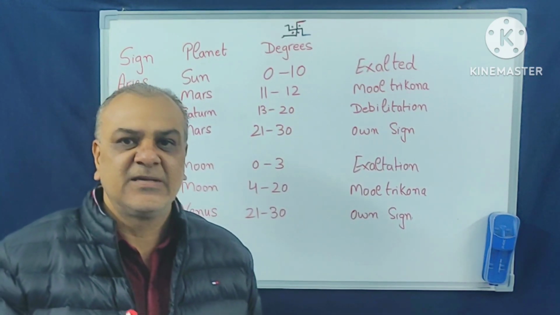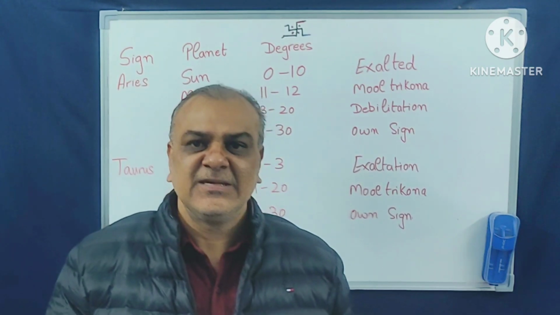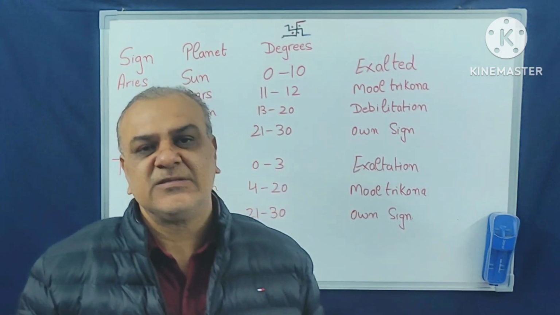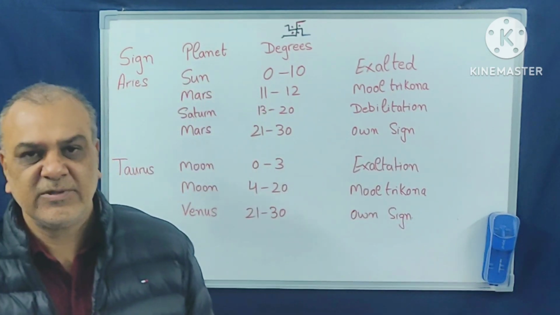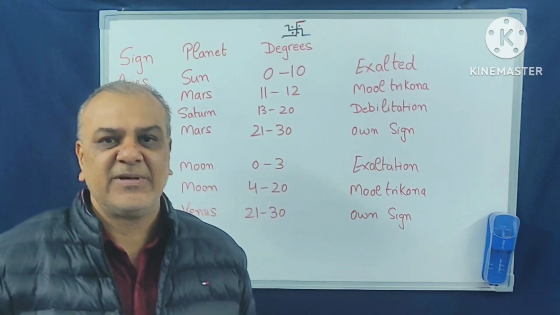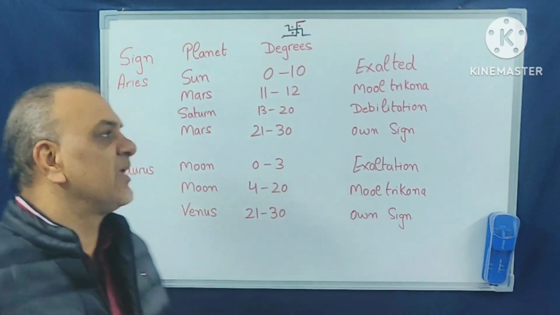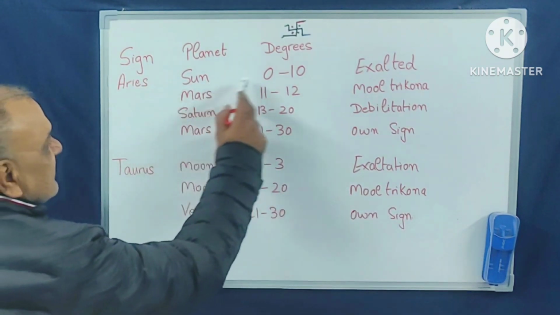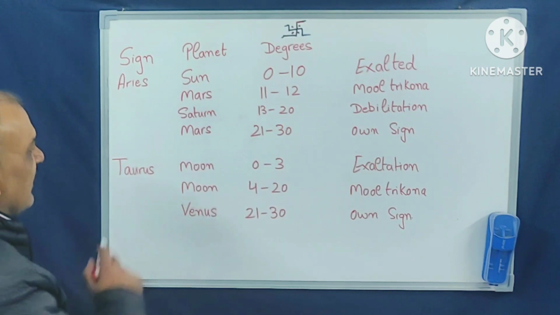If Sun is at, let's say, 9.5 degrees, then it is considered very strong in Aries. So this is the first point you must note. Before giving any prediction about an exalted or a debilitated planet, just go through the degrees first. So Aries, Sun in 0 to 10 degrees is considered an exalted planet.